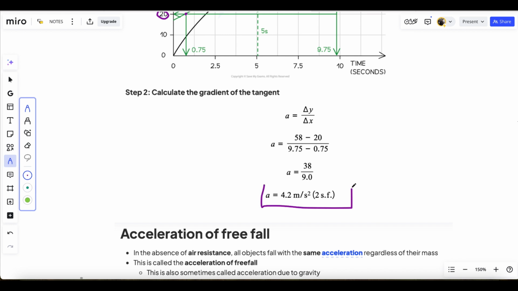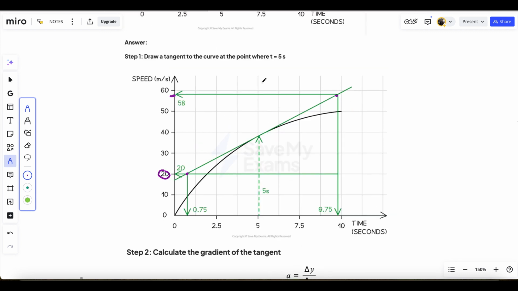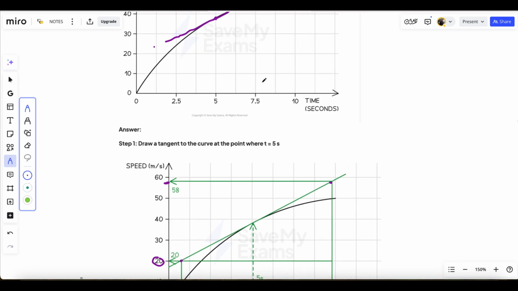Now in the Cambridge exam, they will give you a range in two significant figures. They can say from 4 to 4.5. Any student within that range gets the answer, because you are doing estimations of numbers here. So this is how we calculate the acceleration when they give you a curve. They will tell you at what point. If they don't, you choose any point you like.